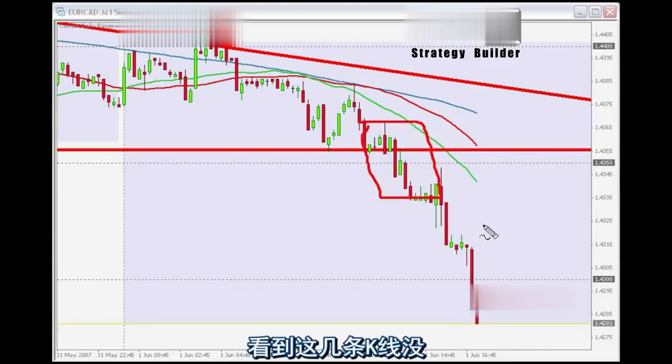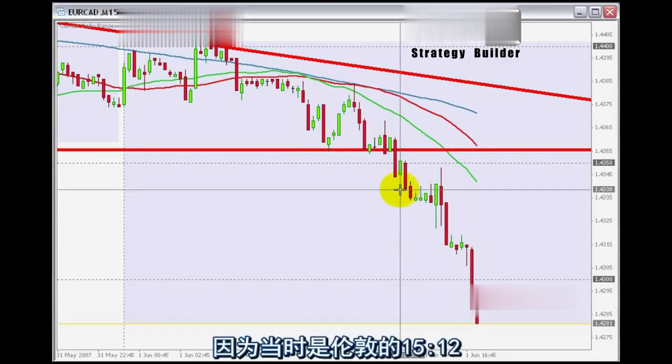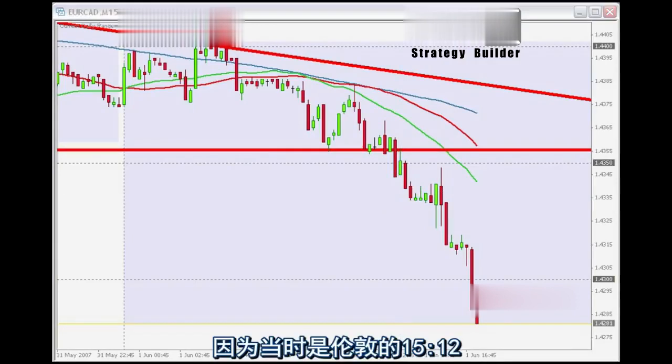It was a trade from a technical point of view, but why didn't I take it? Because it came out right at noon London time, actually 15 past 12 in the afternoon.